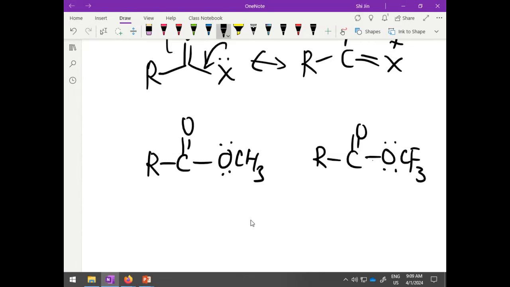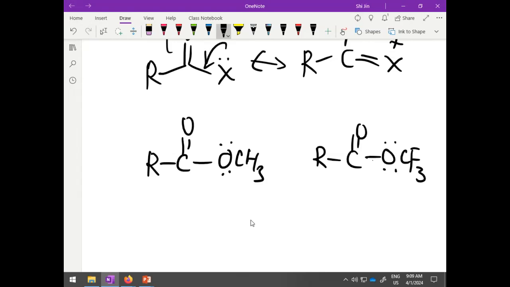The key part is why. Which ester has a more stable carbonyl? Correct. Why? Because C is less electronegative than F, so it gives the electrons better.